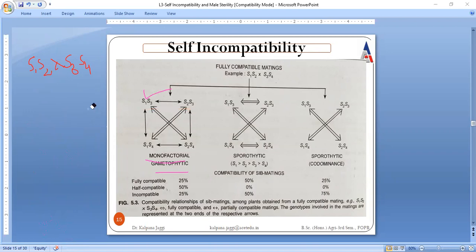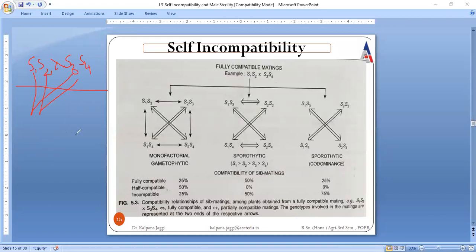But here the gametes are different. Here, instead of S1, S2 and S3, S4, these are not the mating partners. Here the cross is like this. S1 is once crossing with S3, and now S2 is also crossing with S3.